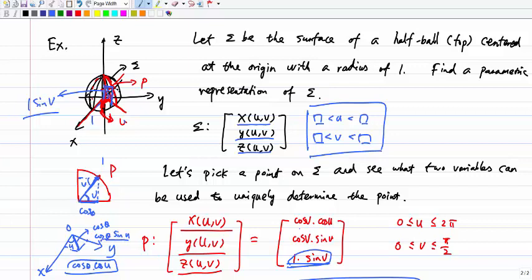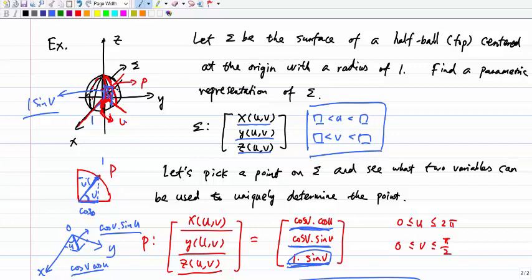So we have cosine v cosine u for x, cosine v sine u for y, and sine v for z. That's the way you determine it. If I give you these two angles, you can uniquely decide what the point is. This point is on the surface.